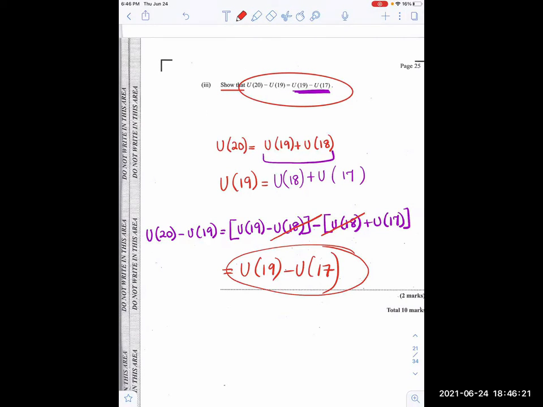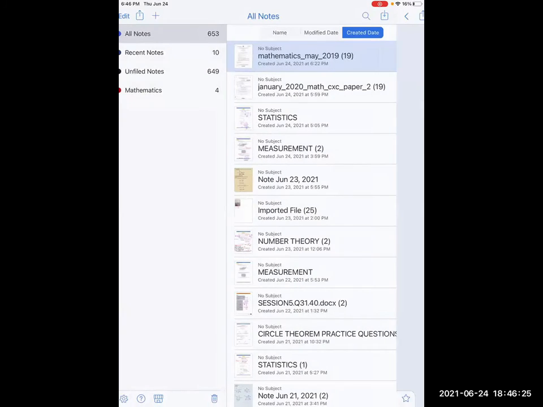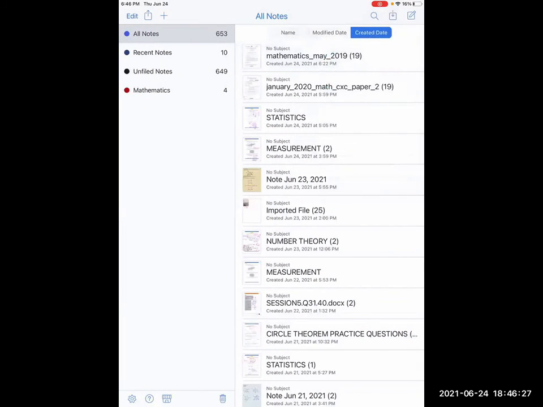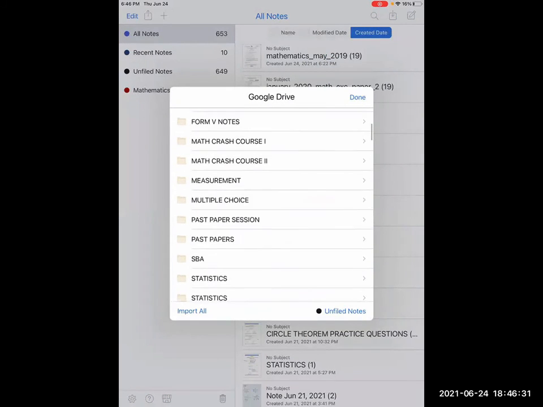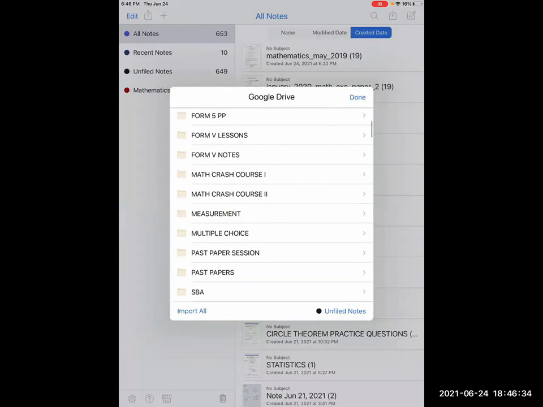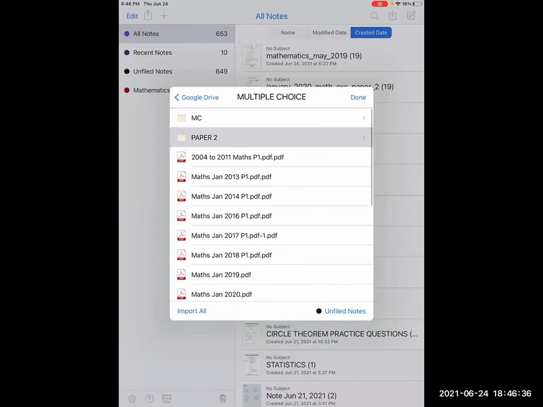Oh, yes. All right, we're saving the best for last. And this one, it's the first time I've seen a question like this, but we are going to do it. Multiple choice.